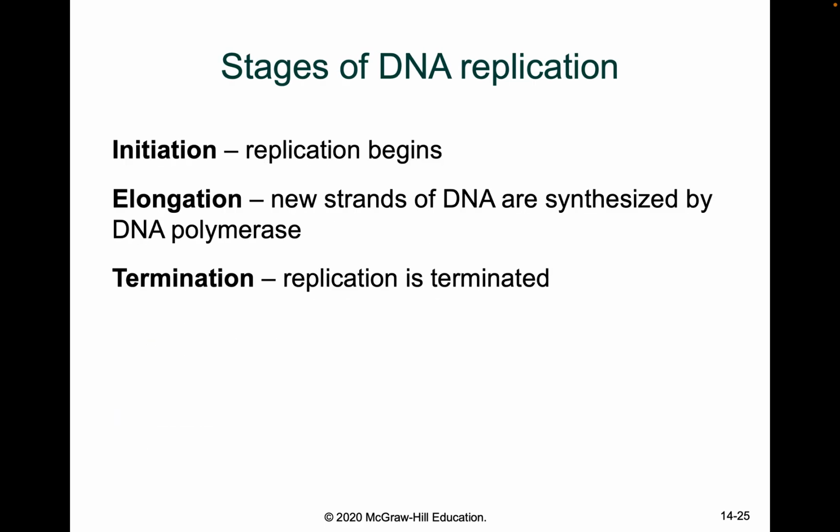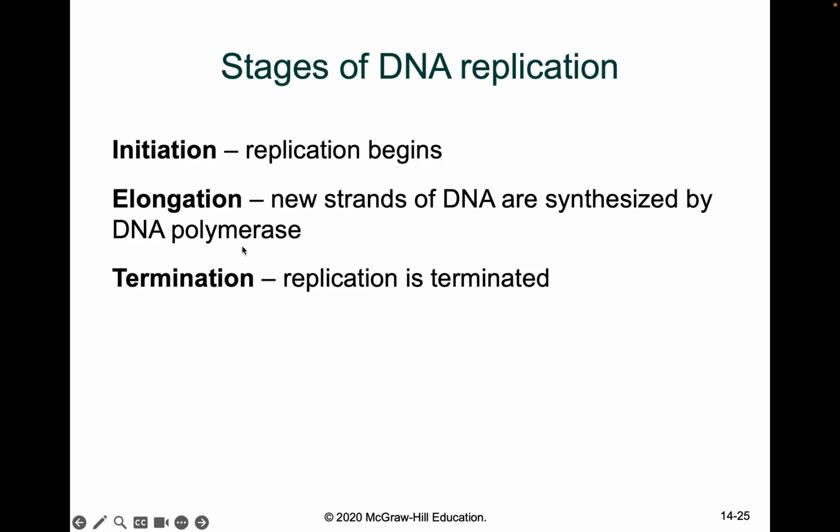The stages of DNA replication can be put into three stages: initiation, elongation, and termination. Initiation is the start of replication. The DNA double helix is opened up and broken into individual strands, one strand and the other.